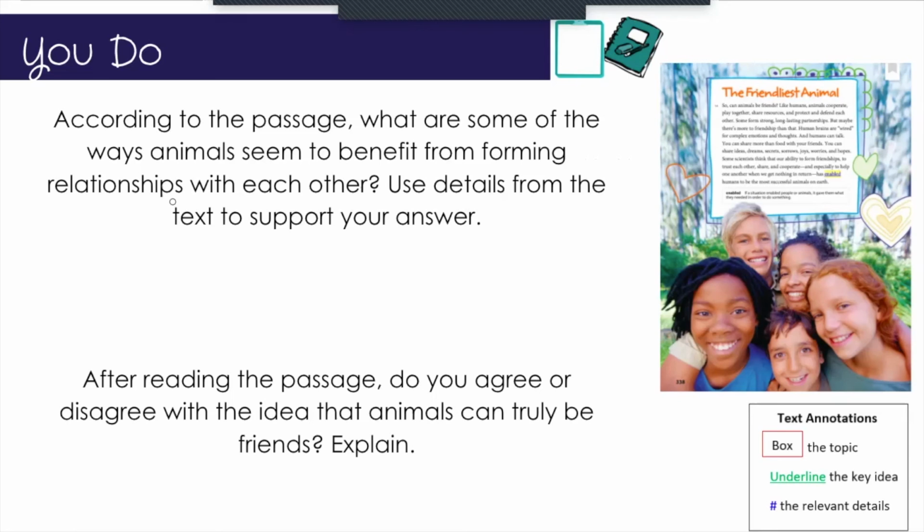Use details from the text to support your answer. Then, after reading the passage, do you agree or disagree with the idea that animals can truly be friends? Explain. Pause the video, and when you're ready to continue, hit play.